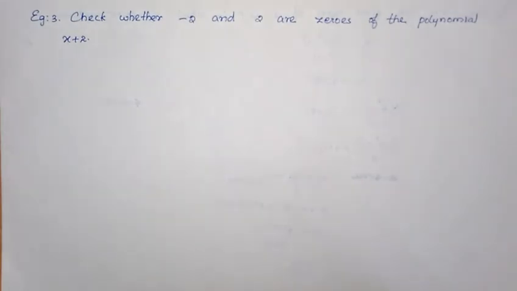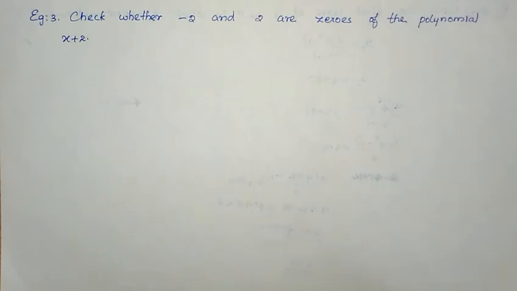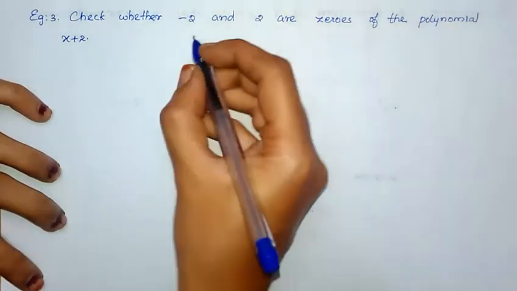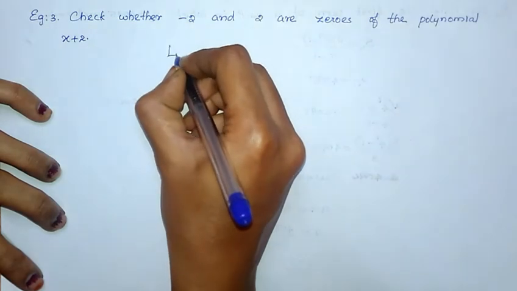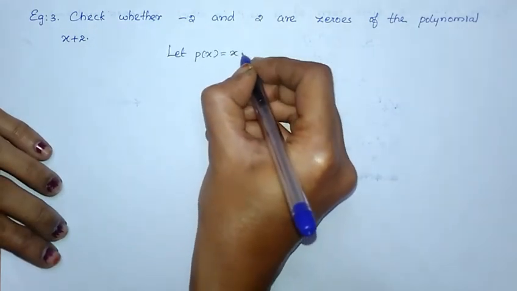Example 3. Check whether minus 2 and 2 are zeros of the polynomial x plus 2. So, first let's take this polynomial as P of x. Let P of x is equal to x plus 2.